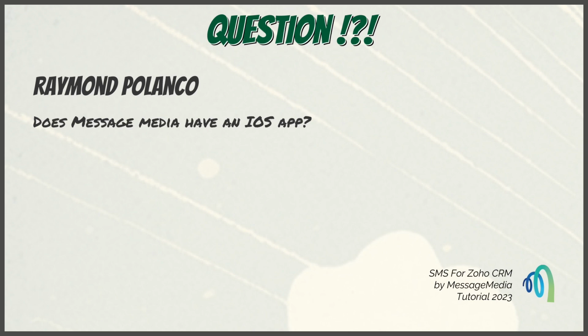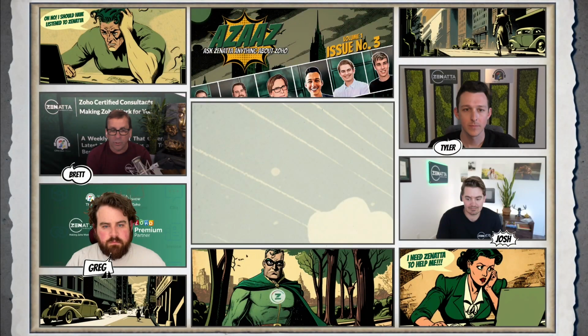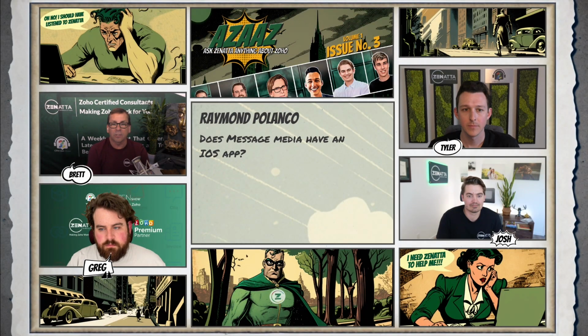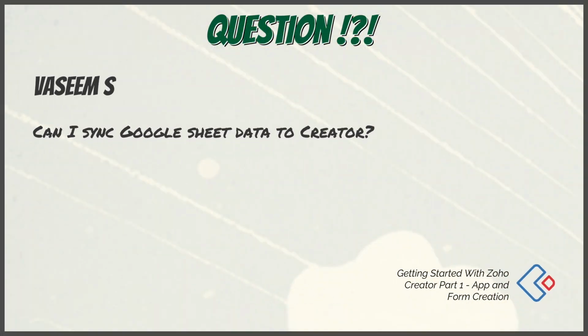They do not have an iOS app, but their web app on your phone basically mimics your basic SMS type of application. So pretty straightforward. But if you haven't checked out that video, if you are looking at integrating any type of SMS into your CRM, we really recommend that one. It works exceptionally well.